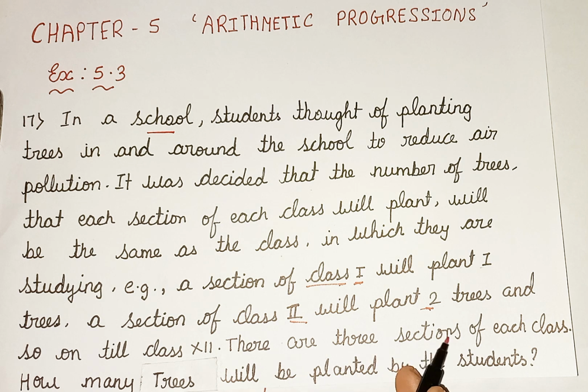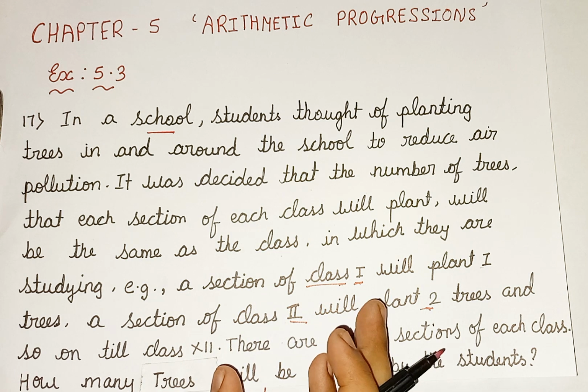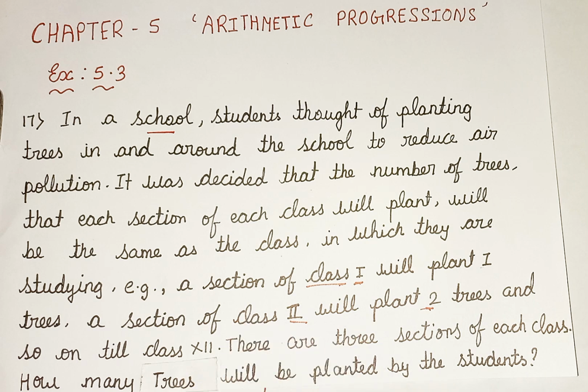So there are 3 sections of each class. Here they mentioned that class 12 will plant 12 plants, isn't it? But the twist is, there are 3 sections of each class. So in class 1 there are 3 sections, that is A, B, C, and class 2 will also have 3 sections, A, B, C, and till class 12 there are 3 sections.